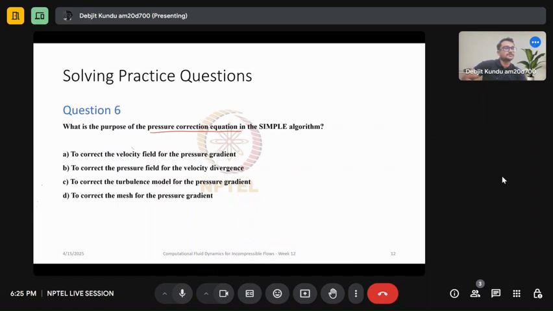Option B, to correct the pressure field for the velocity divergence? Option C, to correct the turbulence model for the pressure gradient? Or option D, to correct the mesh for the pressure gradient?